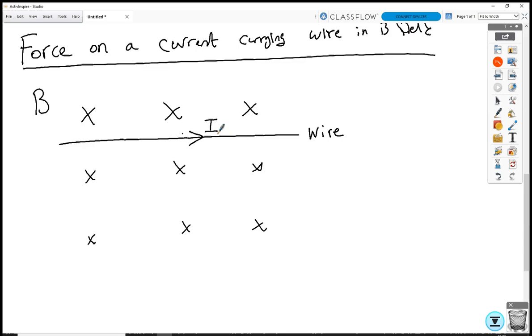The length of the wire in the field is equal to L. Now we don't care about the total length of the wire because it could be an extremely long wire. We only care about what length of that wire lies within that field. So if that field were to end in this drawing, then any length that's outside of that field is irrelevant.